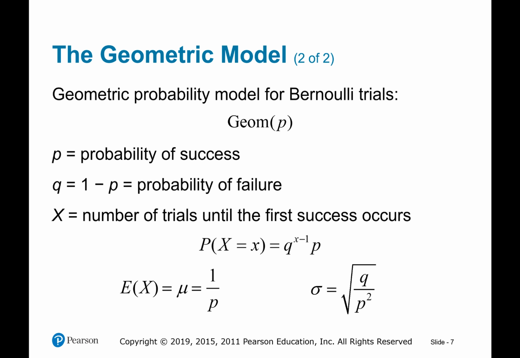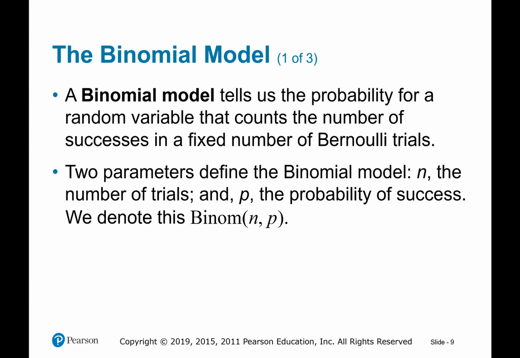And then the standard deviation for this, you're going to have to get used to this, is the square root of q divided by p squared. Again, it's my understanding that those two formulas down at the bottom will be part of the table of values on the AP exam. So to find mu, the mean, it's just 1 over the probability. And for sigma, the standard deviation, the square root of q divided by p squared.